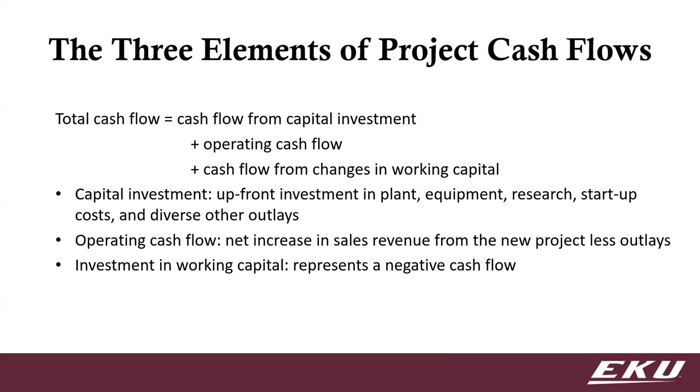Okay, so I bought my machine that spits out my widgets, right? For the operating cash flow, I'm going to say, okay, I am selling 100 widgets a day and they cost $5, so it will generate $500 a day, right? It doesn't change my other, right? This is just the increase in sales revenue from this new thing, right?